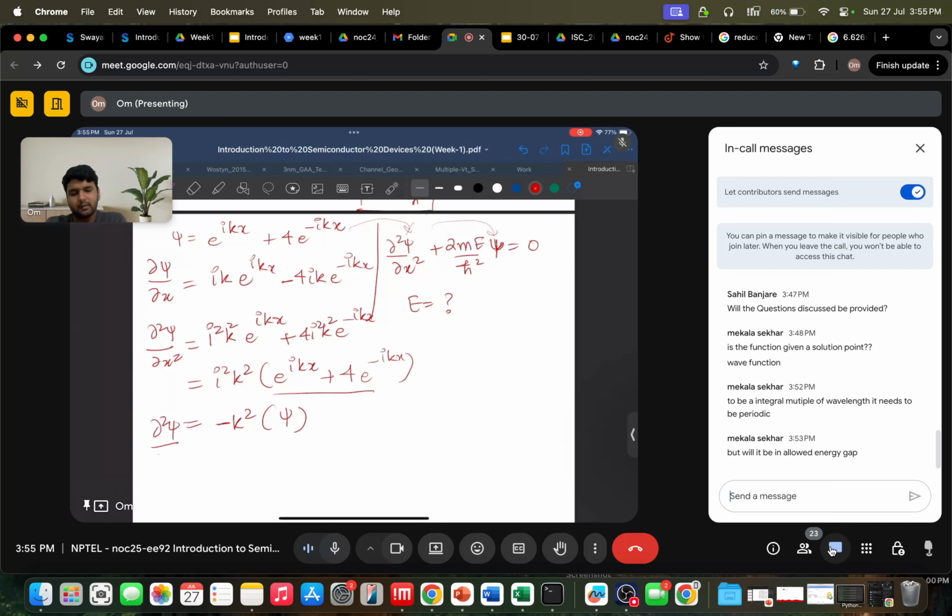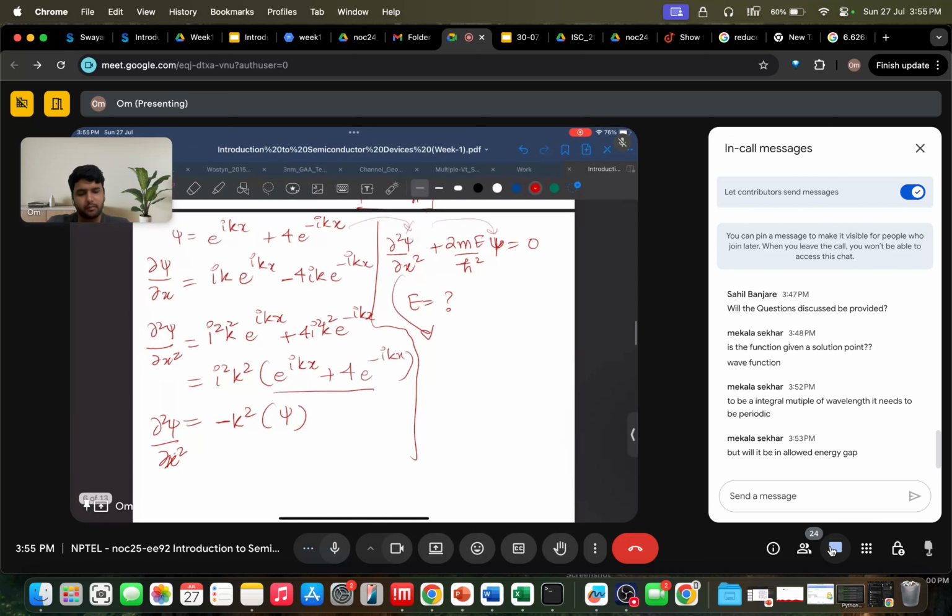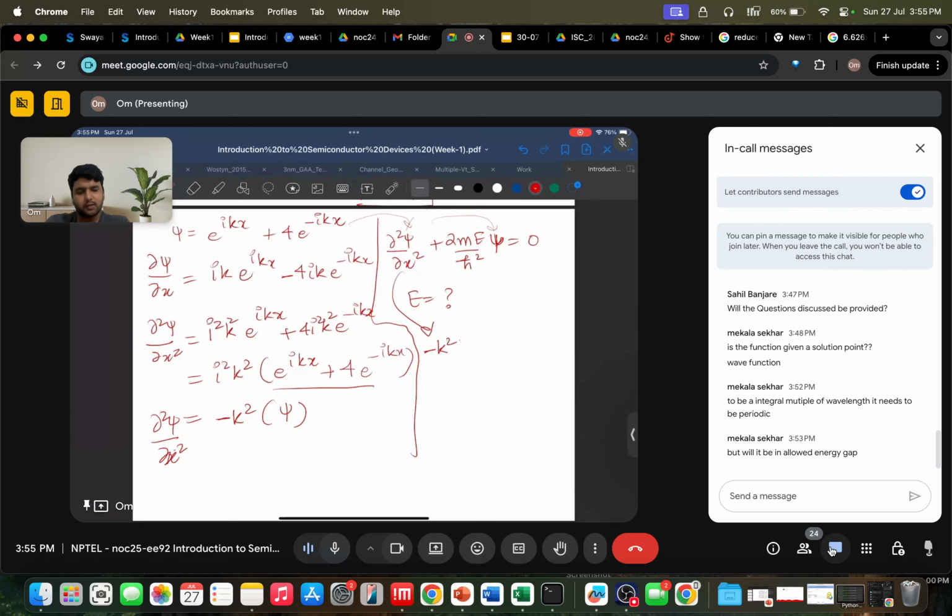Del 2 psi by del x square is minus k square psi. If I substitute in this equation, minus k square psi plus 2me by h cross square psi equals 0. So this simply gives k square equals 2me by h cross square, or e equals h cross square k square by 2m.